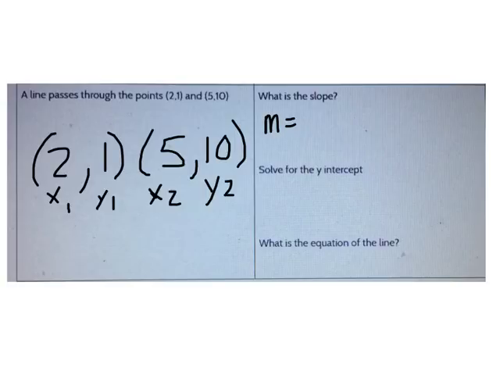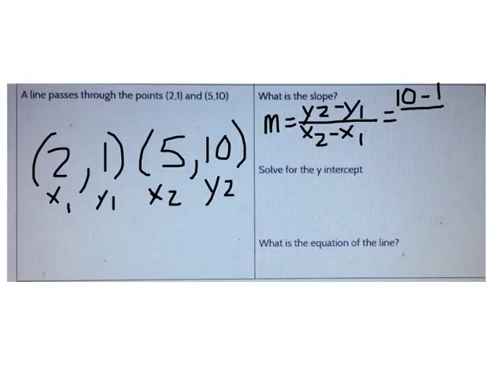Remember that slope can be found by subtracting y2 minus y1 over x2 minus x1. Let's plug all of those numbers in. y2 is 10, y1 is 1, x2 is 5, x1 is 2.